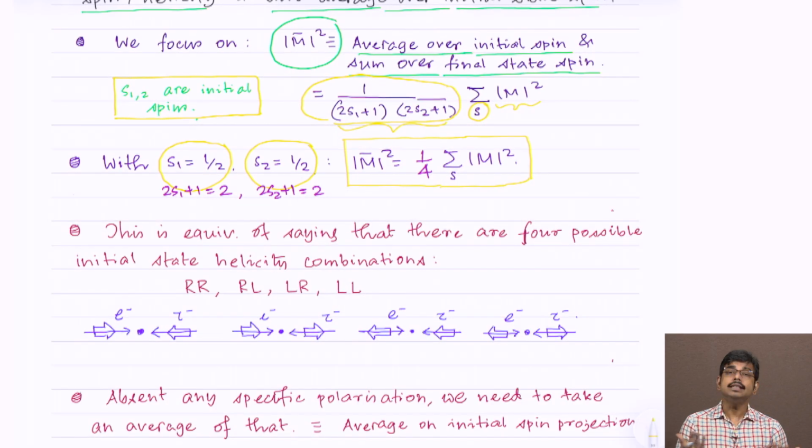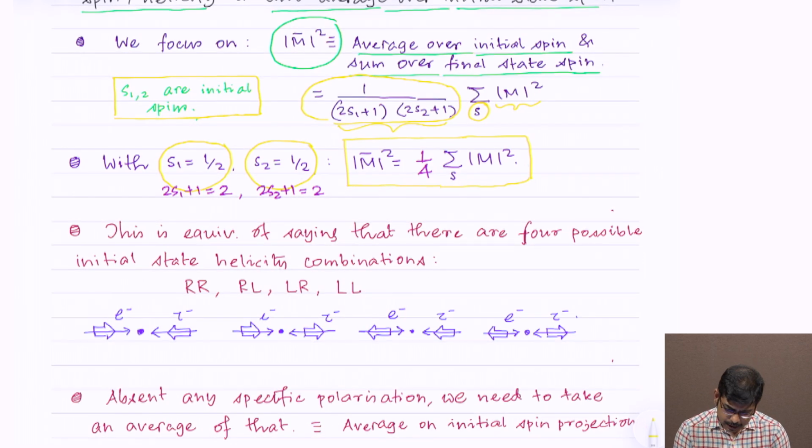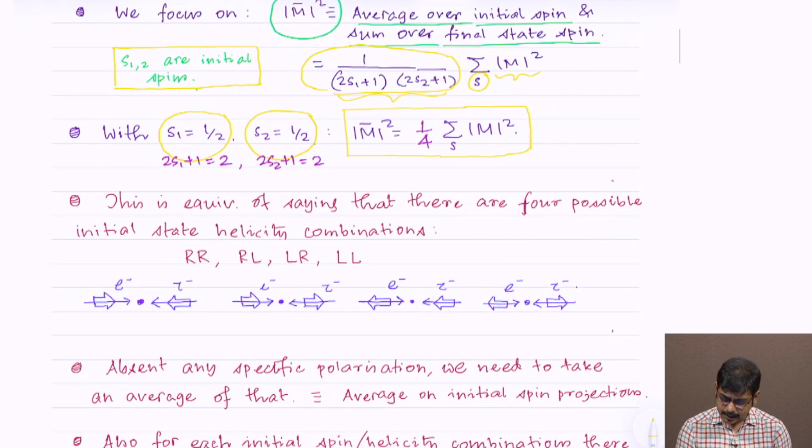Now, what exactly does this mean in terms of the helicities that we have learned? This is equivalent to saying that there are 4 possible initial state helicity combinations. We know that the helicities are right helicities and left helicities. Right helicity is the one where the spin is projected along the direction of the motion, or along the momenta.